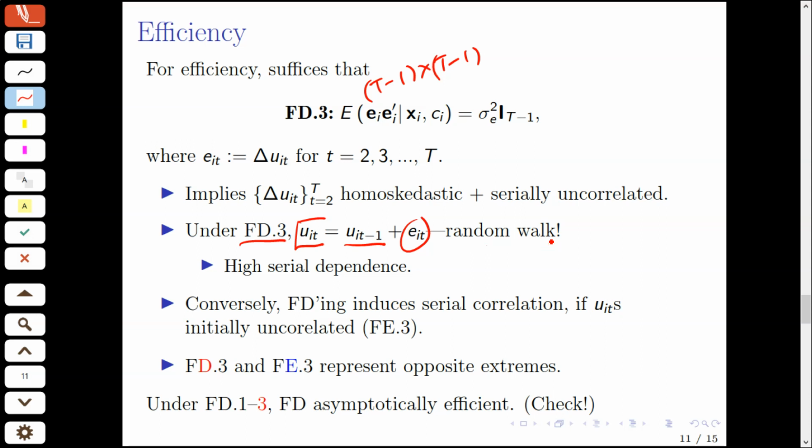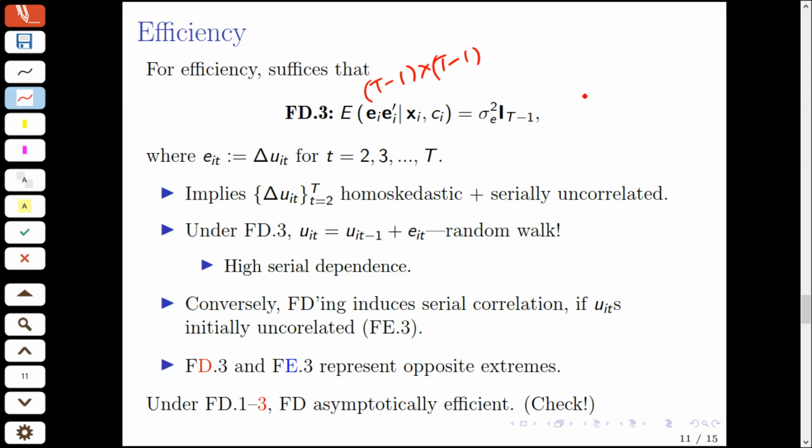Conversely, if we start out with the uit's being serially uncorrelated, for example, if we were willing to believe in the third fixed effects assumption, then the process of first differencing induces serial correlation. That is, it yields differences in the uit's which are serially correlated. As a result, the third first difference assumption would fail.